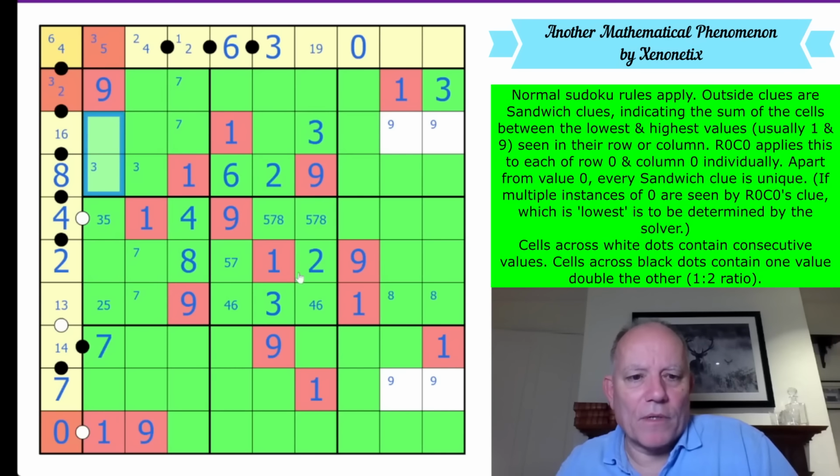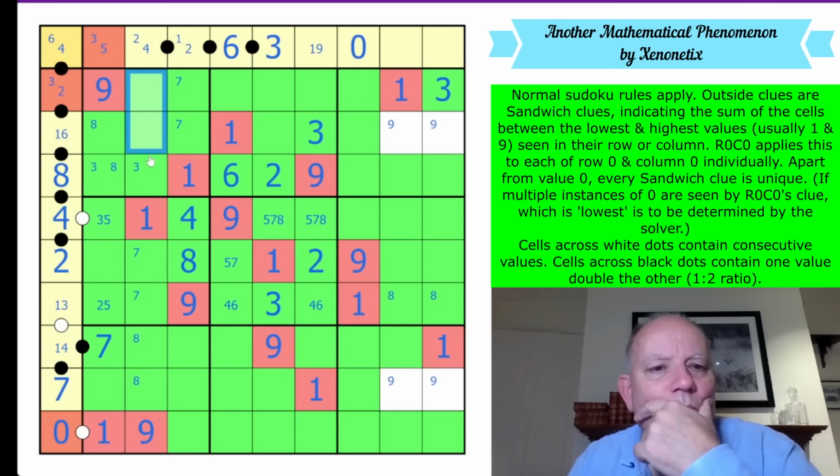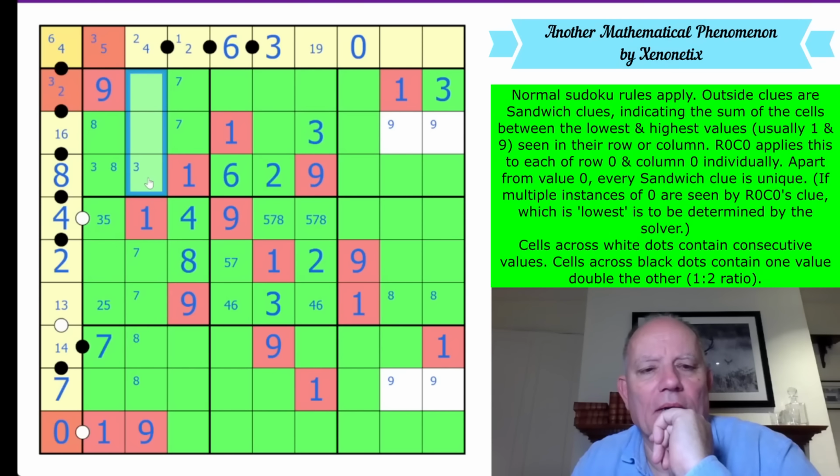So the 8 in the box is in one of these two cells, and there's an 8 down here somewhere. They could be 2, 4, 5 or 2, 3, 6. I don't know which is the right solution.